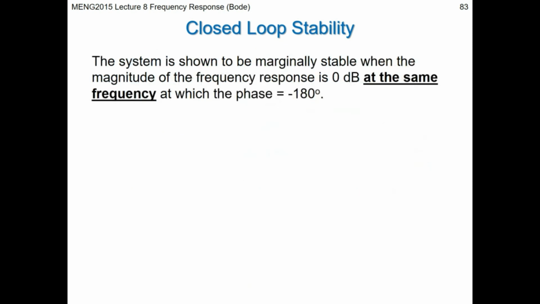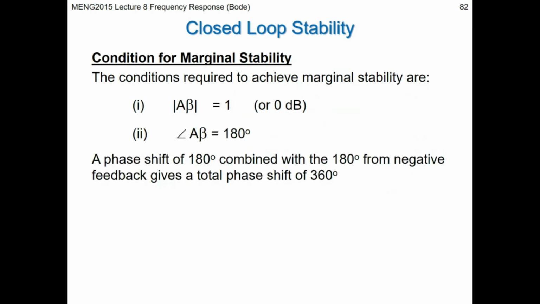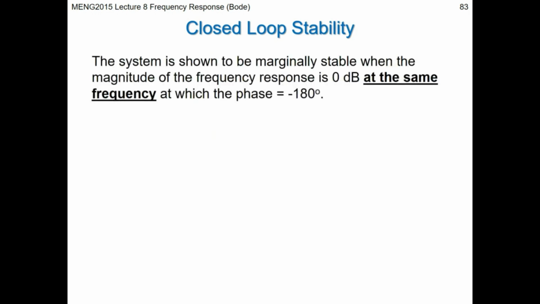So the system is shown to be marginally stable when these conditions are true: the magnitude of A beta is 1 and the phase shift is 180 degrees. Where those two conditions are true at the same time, then the system is marginally stable. So the system is shown to be marginally stable when the magnitude of the frequency response is 1.